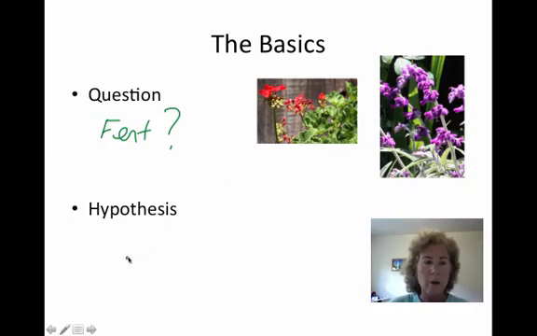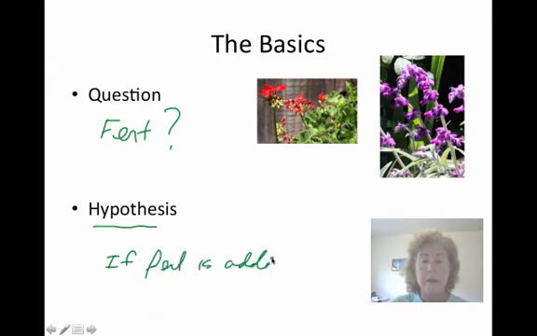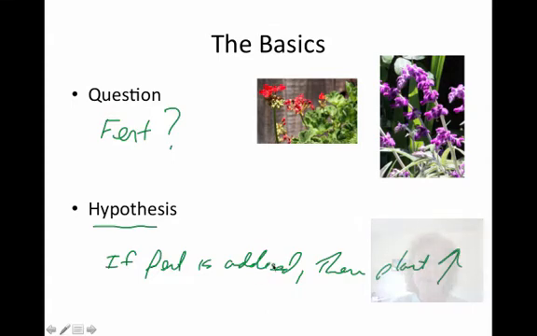And what we have here is a hypothesis. So I want to know a cause and effect. So if I fertilize a plant, or if fertilizer is added to the plant, then the result will be that that plant will grow taller. So what I have now are bases for what type of data I'm going to collect.